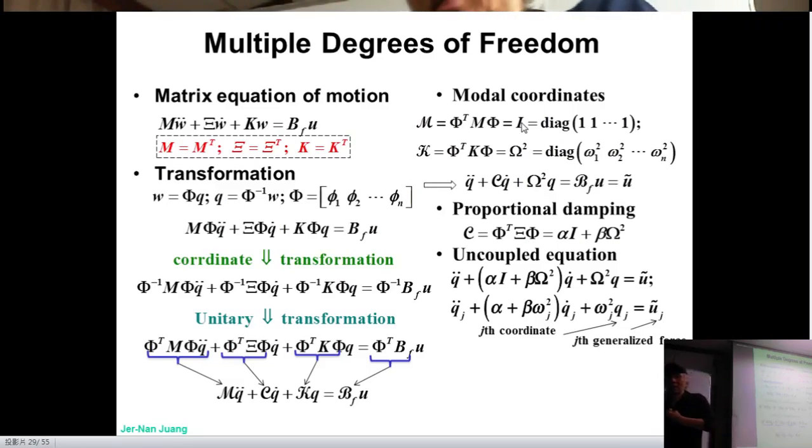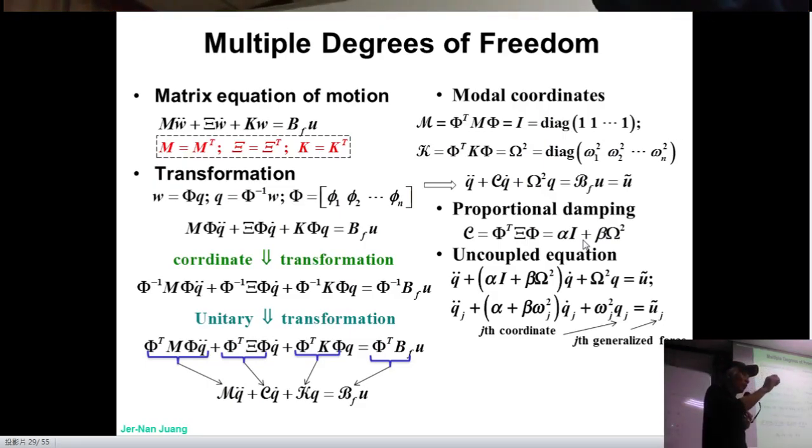All right, and these equations, as a matter of fact, give you what we call proportional damping. In other words, we assume all the frequencies possess the same damping ratio.